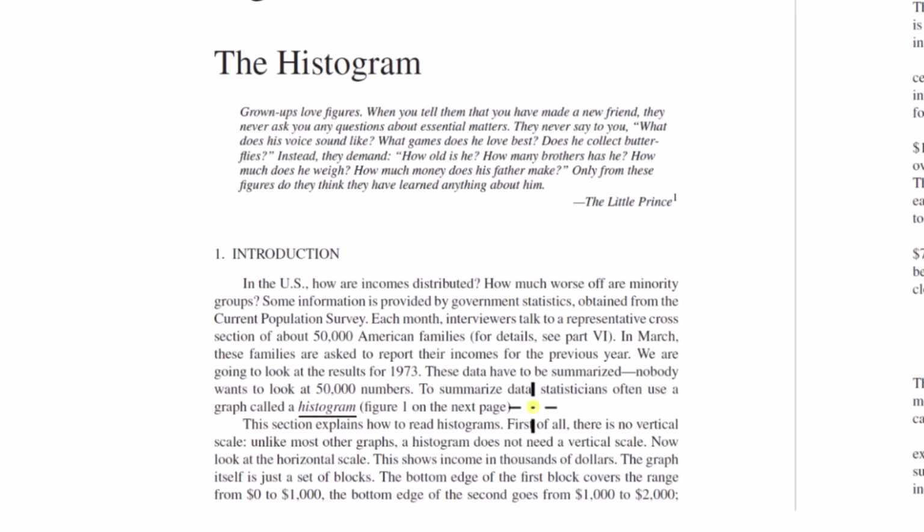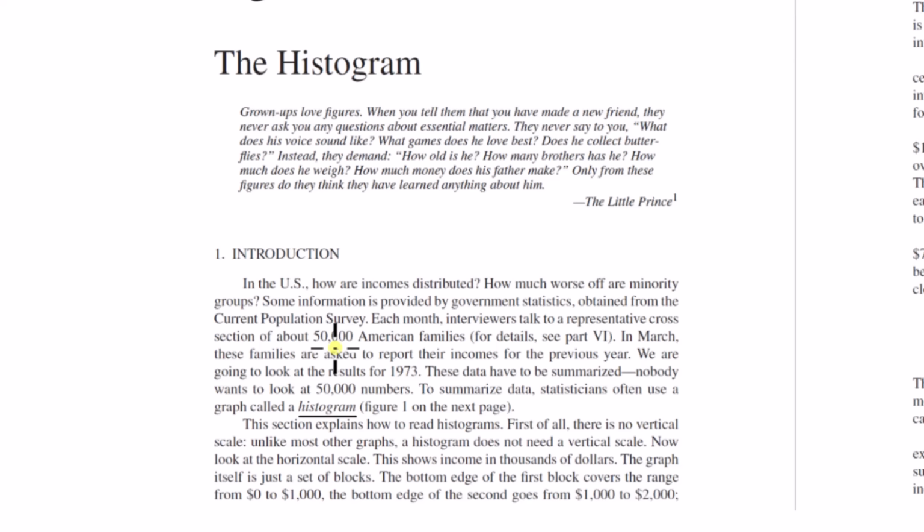Okay, so to get an idea of income distribution in the United States, they do a survey with, I'm assuming, a completely random sample of 50,000 American families. I'm assuming it's well randomized in some way. They ask the adults in these families for their yearly income for their most recent year.